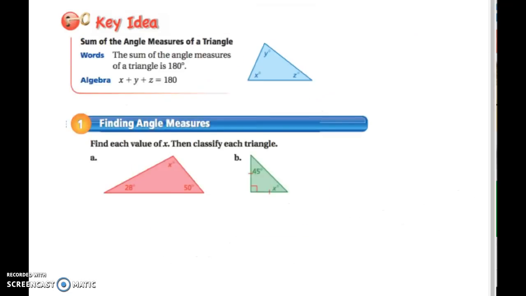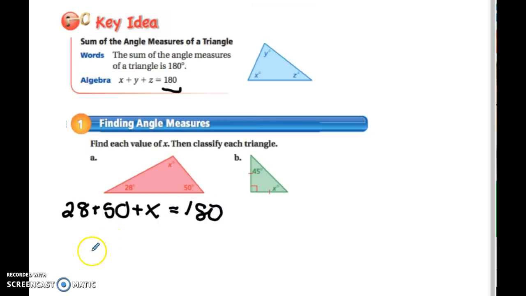Okay, so the sum of angles in a triangle is always 180 degrees. So 1, 2, 3 angles always equal 180. So if we want to find the value of x, we would say for this first example, 28 plus 50 plus x equals 180.